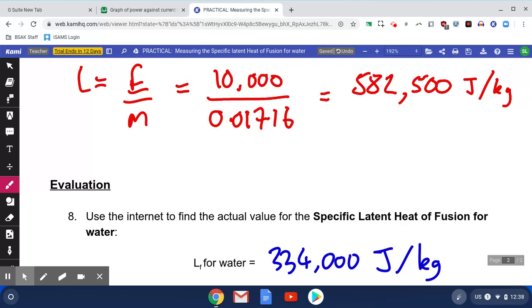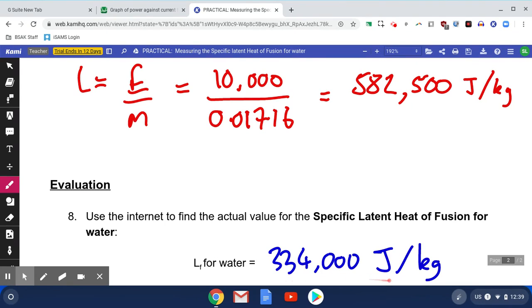So there you have it. There is our measured value. There is our actual value. Now, there's quite a big difference. I'm not going to start getting upset by this because there's a very real reason why we have this measured value compared to this value. The really important thing is that it's of the same order.